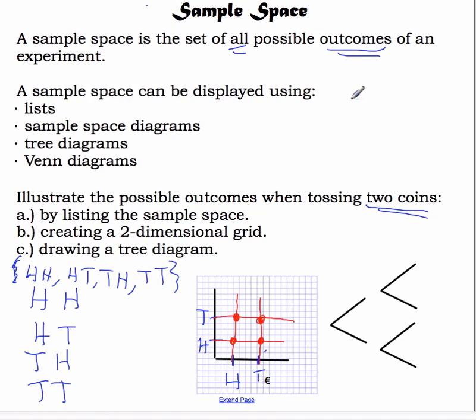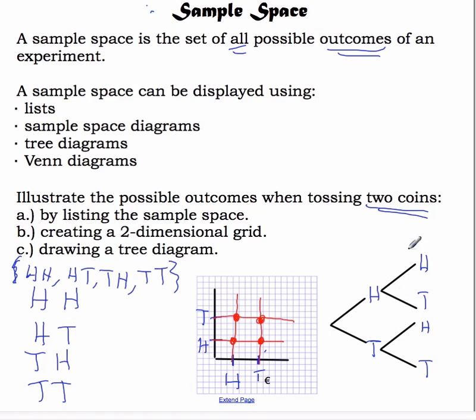Next, we're going to look at this tree diagram. We're going to see a lot more of those later. And for the tree diagram, we can show the different outcomes here. So we have heads or tails on the first coin flip, and then we could have heads or tails on the second one.